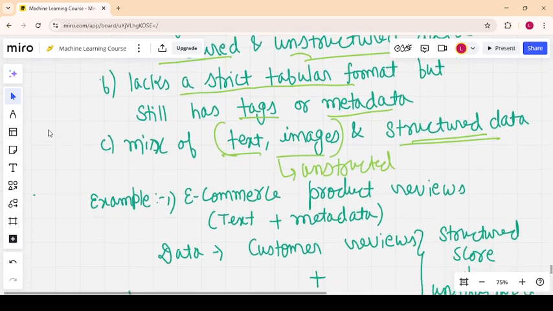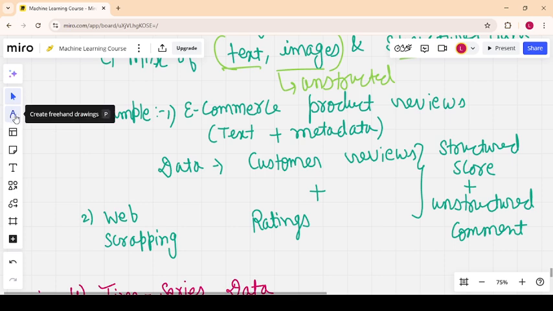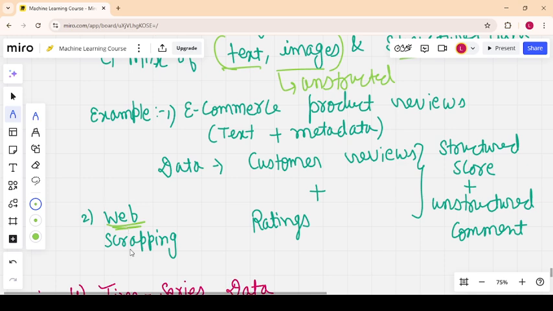Let's take an example to explain further. Web scraping. Here the data set is unstructured, and we are building a model to review e-commerce products. The data set has text plus metadata, customer reviews plus ratings, in the form of structured scores as well as unstructured comments.